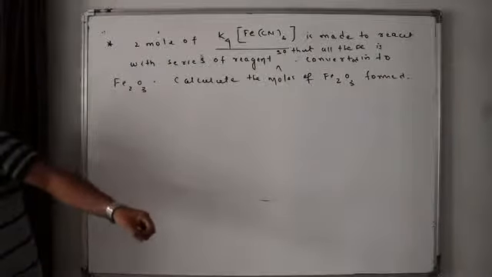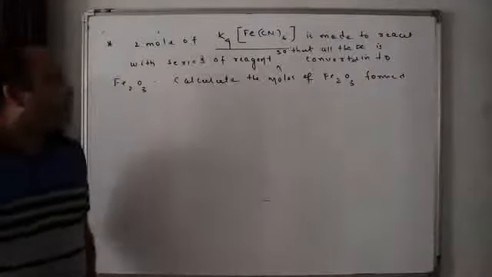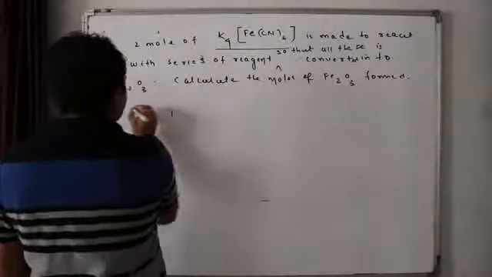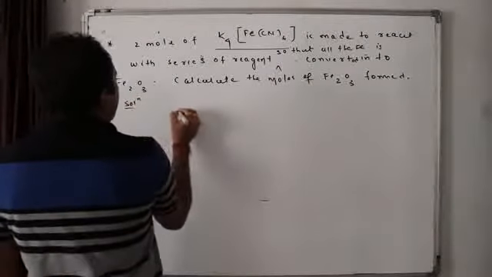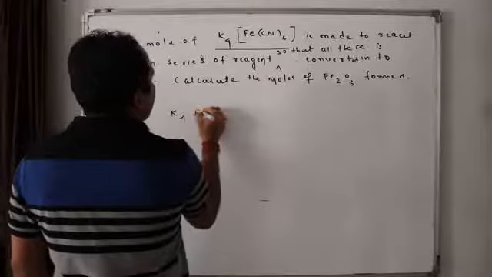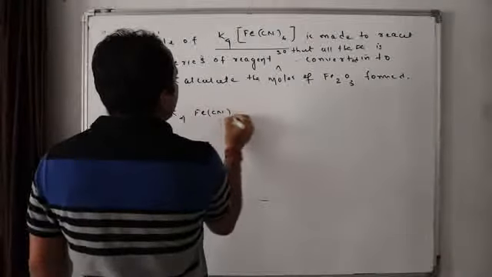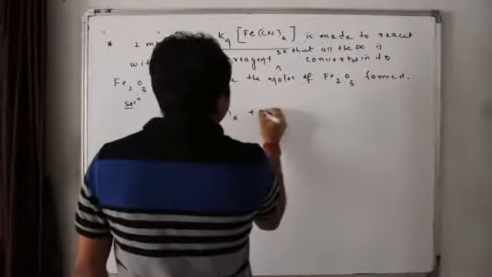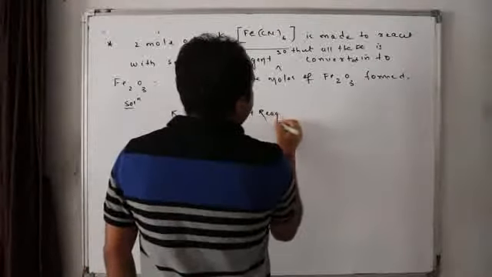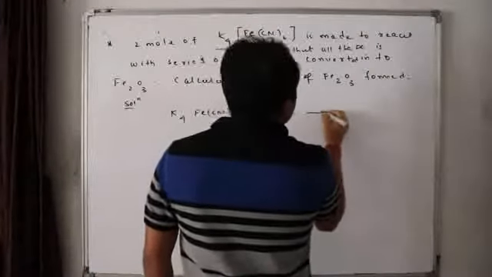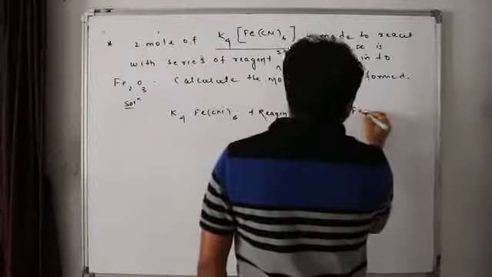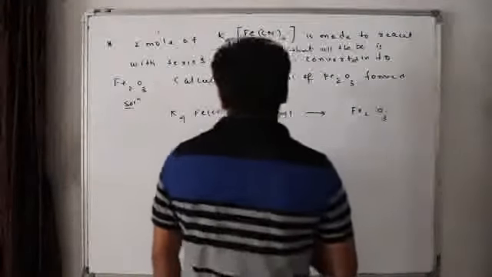Now, look here. What happened? How will we do the solution? Here K4Fe(CN)6 plus reagent gets converted to Fe2O3, isn't it?